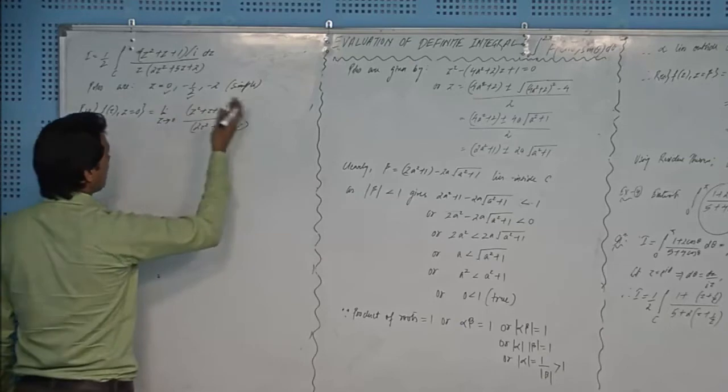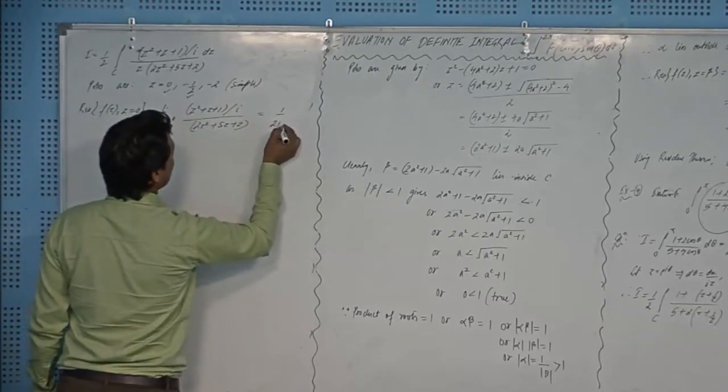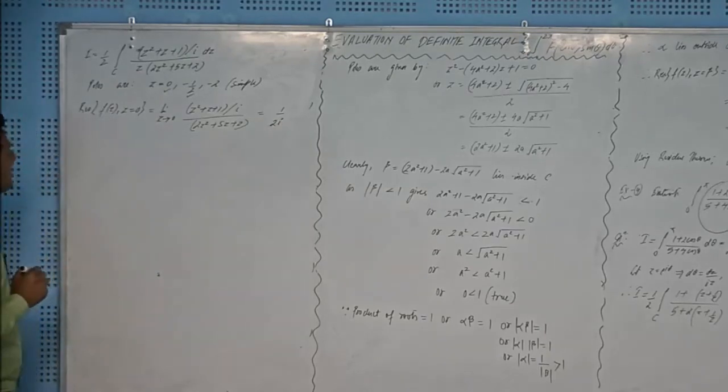Then I plug in 0 here and I get 1 over 2 iota.